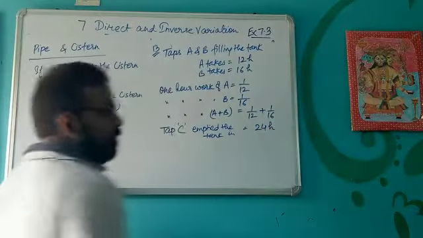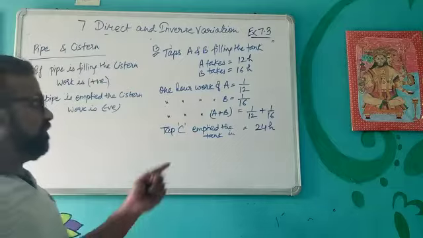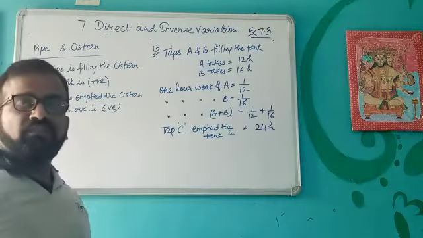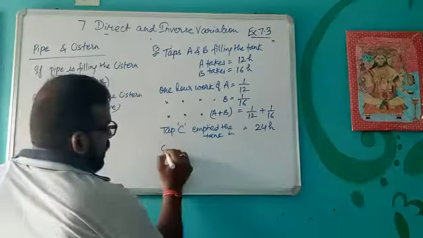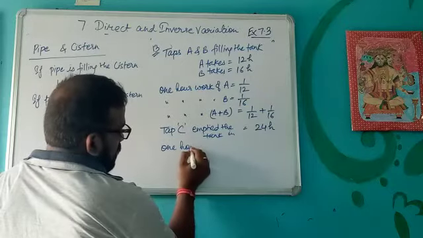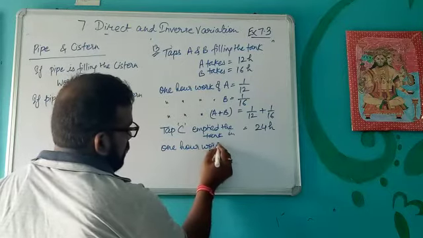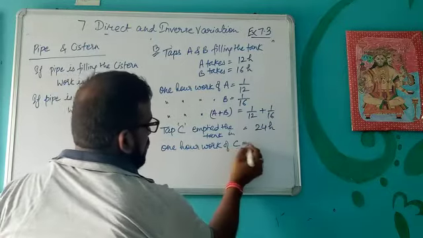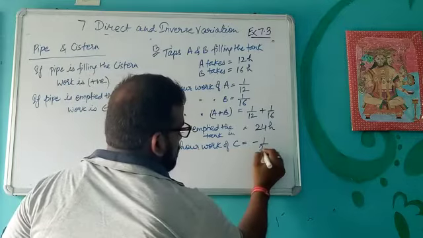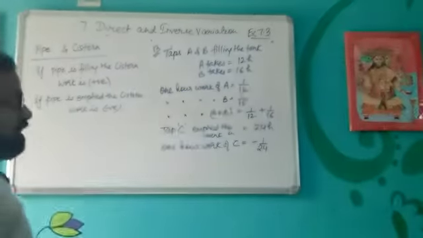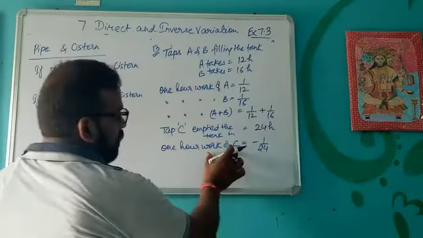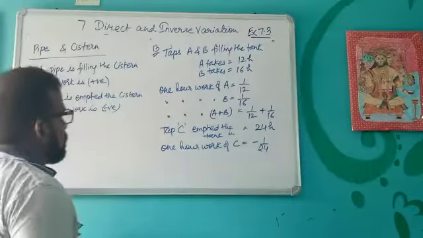Okay, so what I have told you, in case of a tap which empties the tank, or even if there is a leakage, its work will be taken as negative. So we will calculate 1 hour work of C and it will be minus 1 upon 24. Okay, we are taking the work of C as negative.